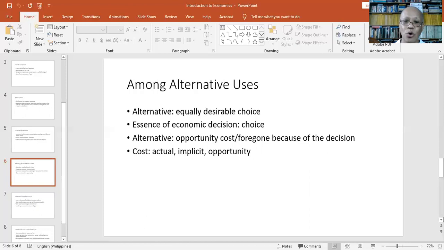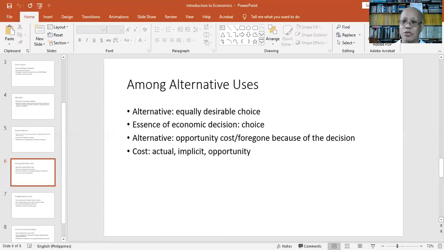When you use the word costs, there are three main aspects to this. There's the actual cost, which means the actual monetary outlay that you actually spent. Then there's the implicit cost, which means that in case you volunteered your time, then there was no cost outlay on the part of the organization that got you as a volunteer, but there is an implicit cost too, which means the time for which you could have earned something, you could have made money out of it.